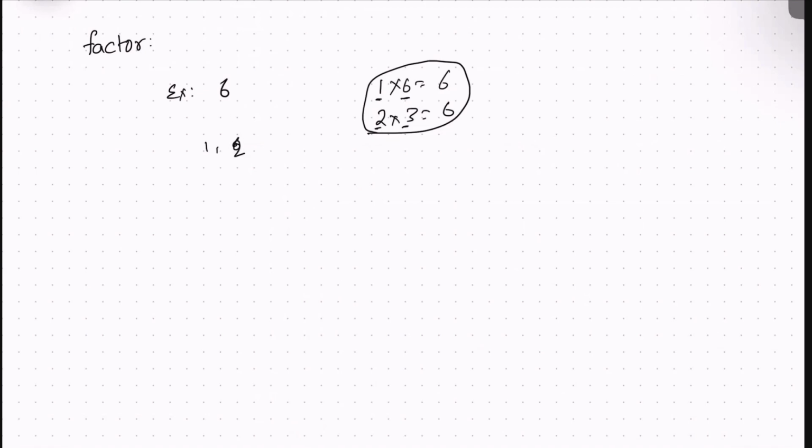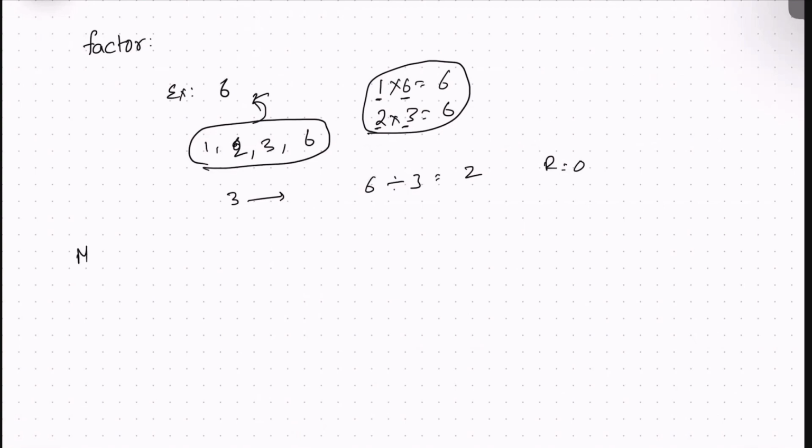So 1, 2, 3, 6, these are all factors of 6. You take any number from this list, 3 can divide 6. So when 6 is divided by 3, the answer is 2 and the remainder is 0. So the factors can divide the number.